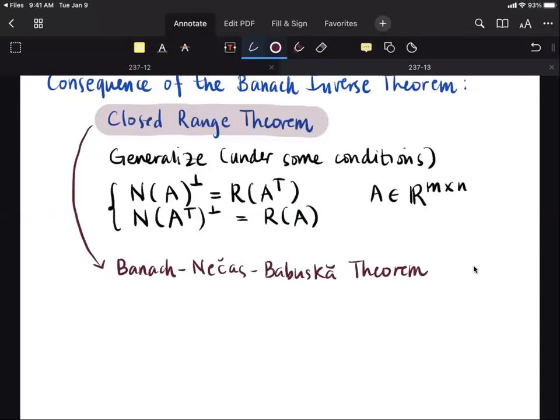And moreover, it can be shown that this will imply the so-called Brezis splitting theorem.